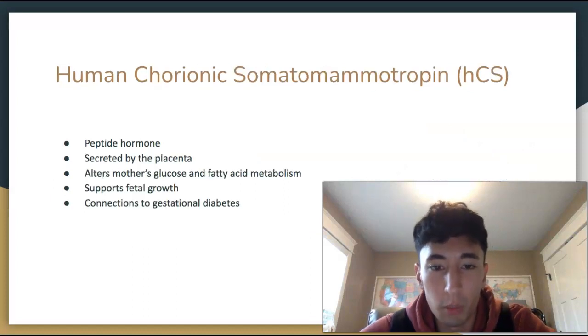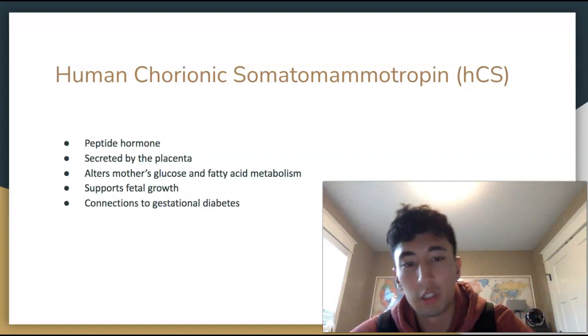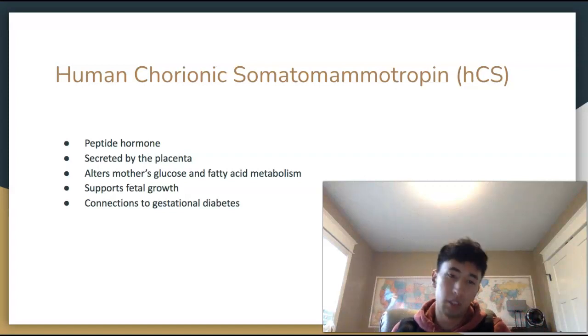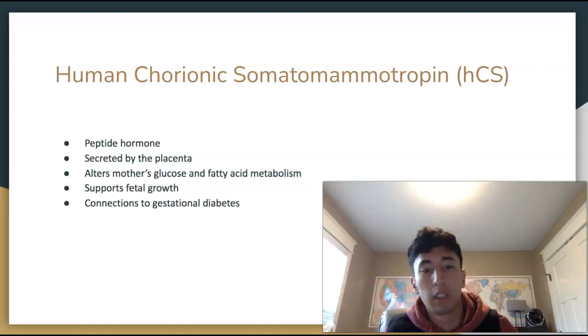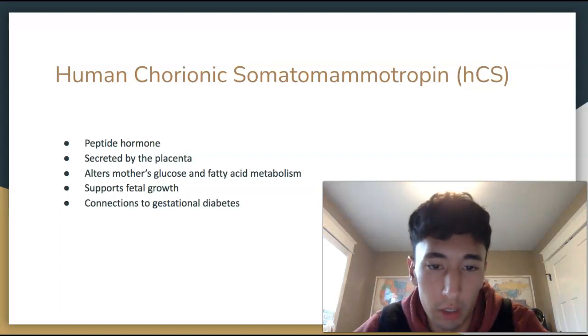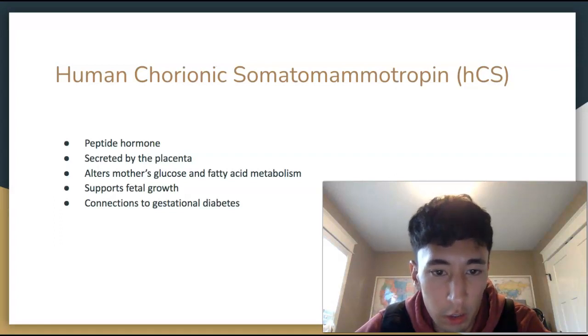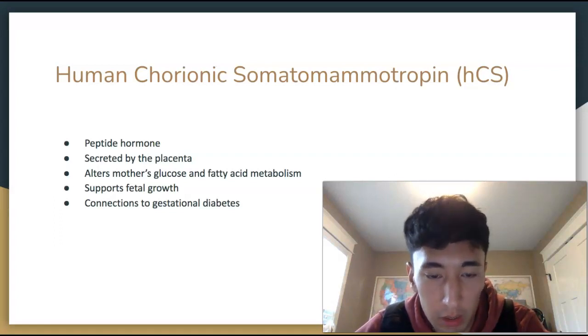All right, and then the final hormone that we're going to talk about is HCS here, which is also a peptide hormone, like HCG. HCS is secreted by just the placenta and not the chorionic villi.